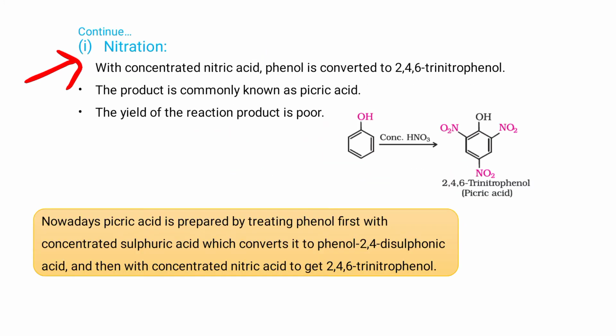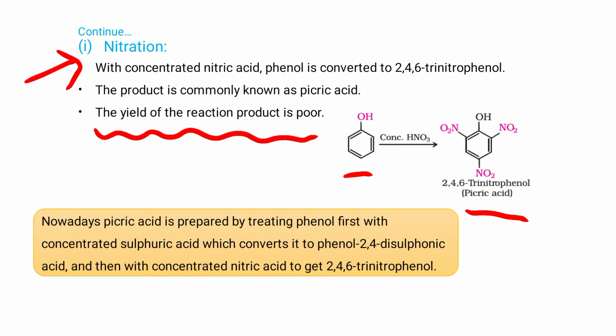But if we take concentrated nitric acid, phenol will convert into 2,4,6-trinitrophenol. It is also called picric acid. All the ortho and para positions will be occupied by NO2 groups. The yield of the reaction product is poor.